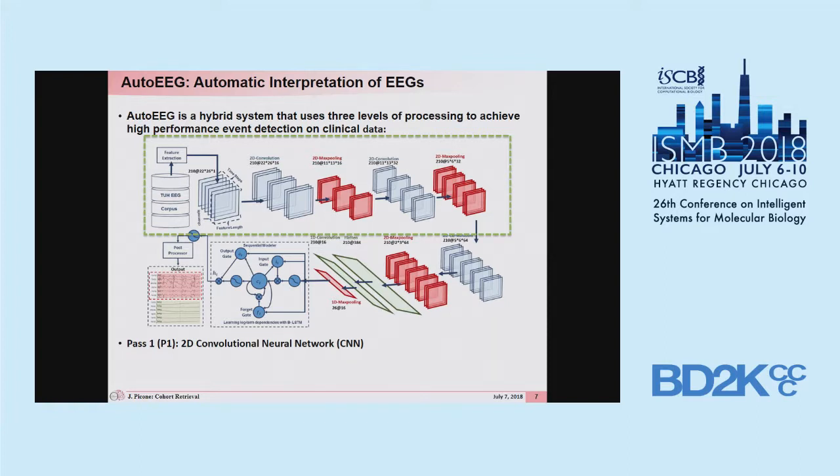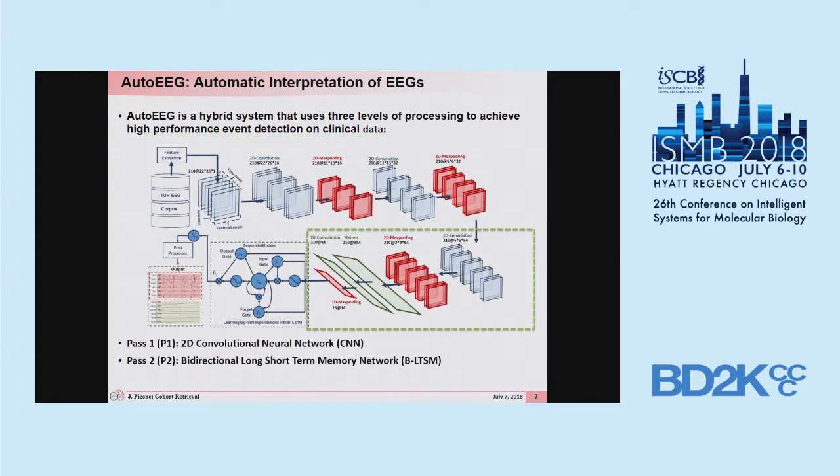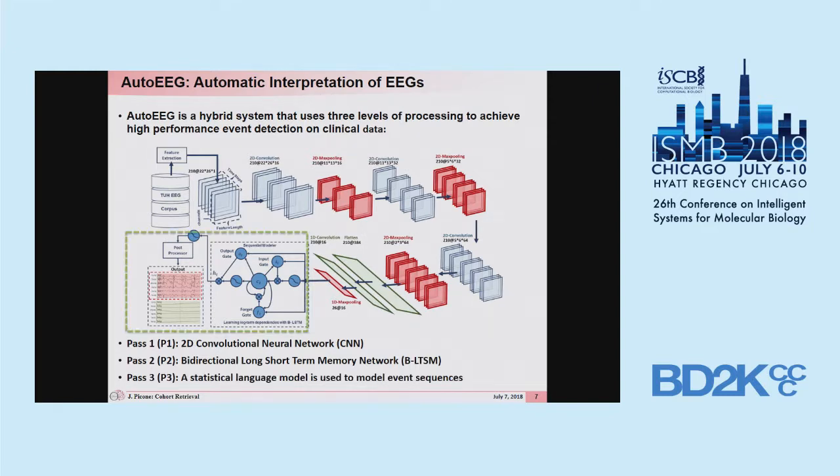We follow that with a second level of processing where we try to incorporate spatial and temporal context into the system. We follow that with a third level of processing, which is based on some of our experience in other domains like speech, where we do a statistical language model to try to smooth out some of the incorrectly detected events.